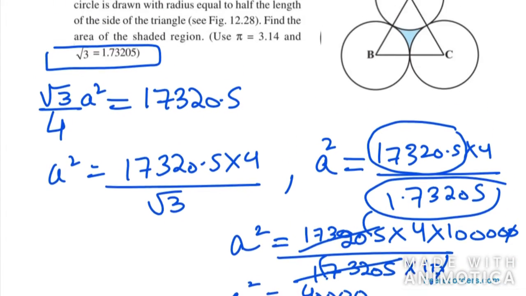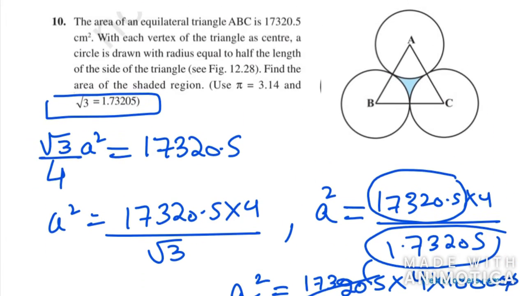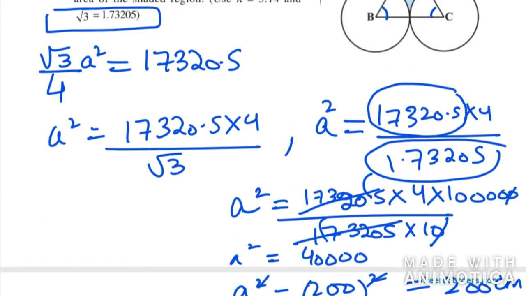Now we need to find area of shaded region. So for that, first of all, we need to find area of triangle ABC. ABC is given to us, that is 320.5. Then you need to remove area of these three sectors. So let us write this.